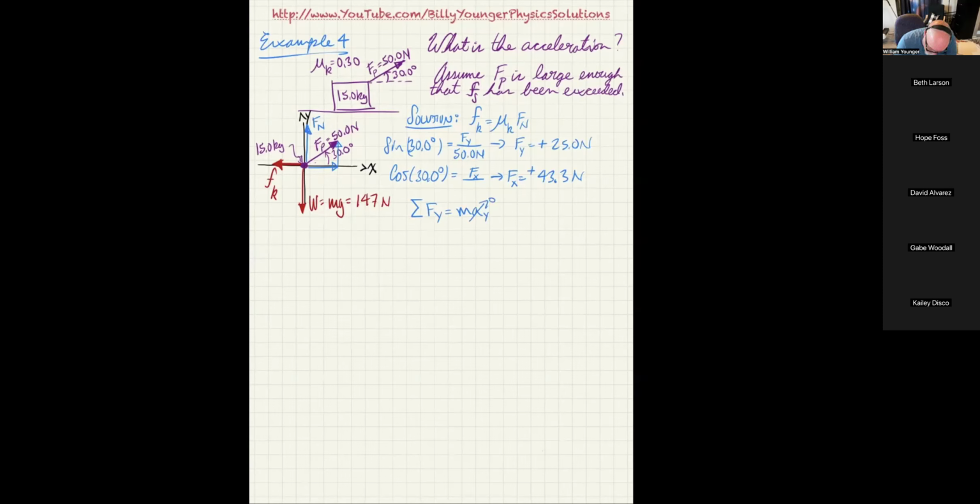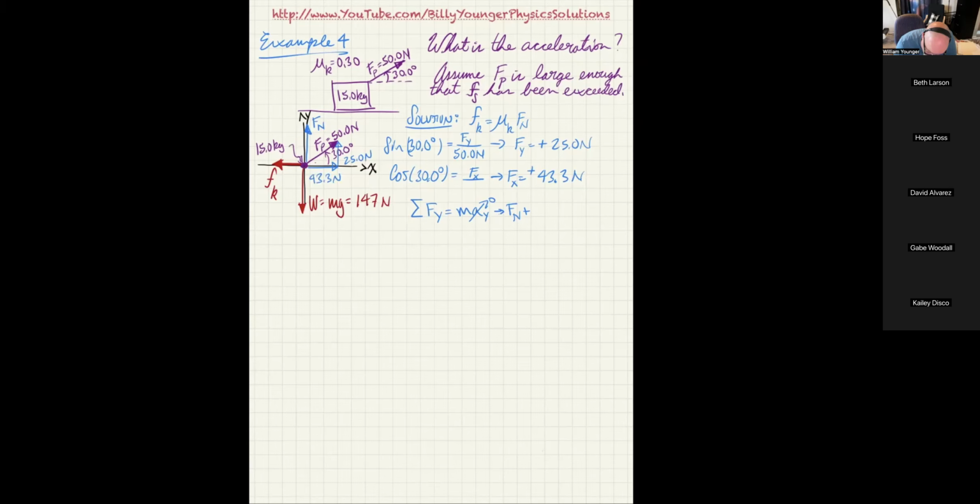So when I go to do this, I can go ahead and write the normal force is the upward one, so that's going to be positive. And then I have minus, or let's say plus, the y component of force, which is the 25.0 newtons.